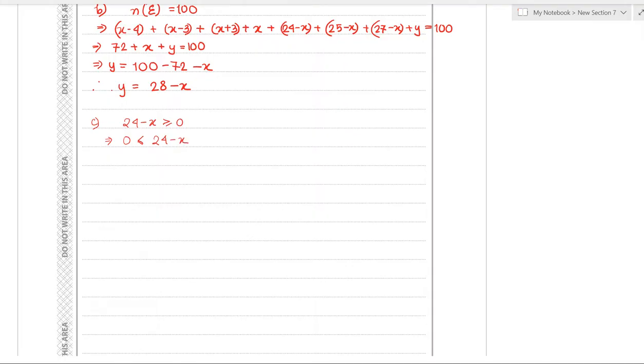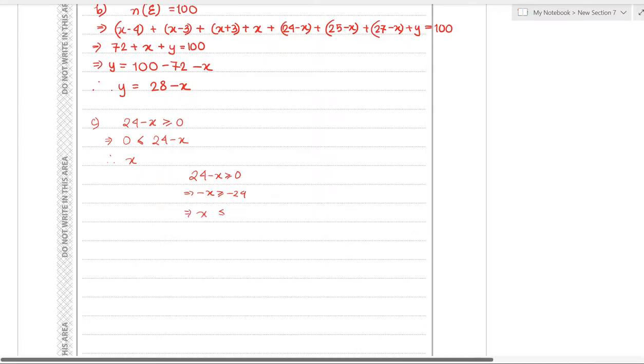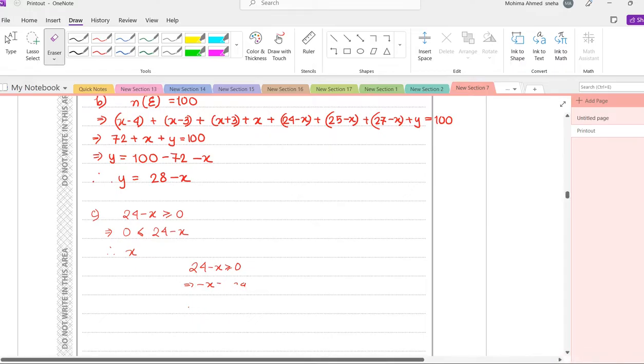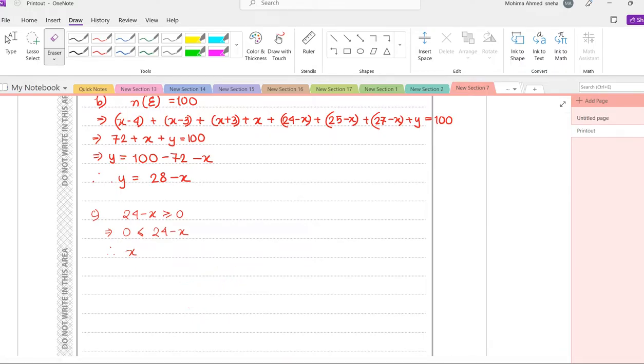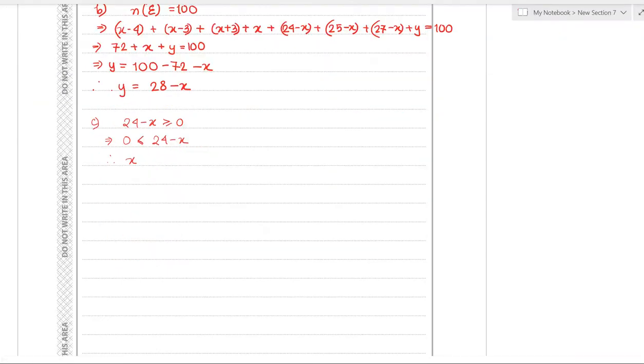So now you are just going to move that minus x to the left hand side, so if we have 24 minus x greater than or equal to 0, moving x across, we get x less than or equal to 24. Yes, we have x less than or equal to 24. Sorry for the confusion. Yes, so we have x is less than or equal to 24.